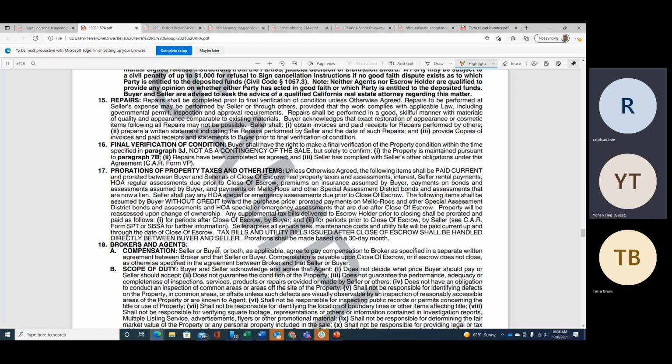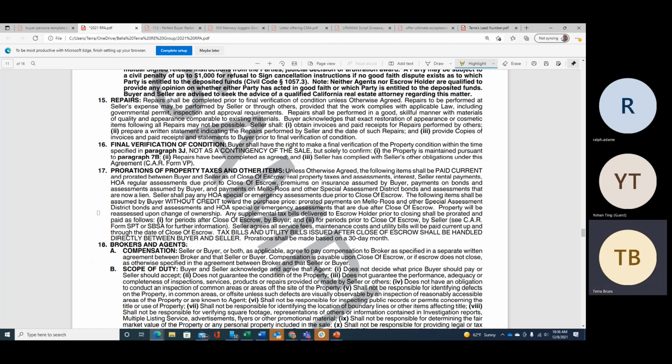CCAR Form SPT or SBSA for further information. Seller agrees all service fees, maintenance costs, and utility bills will be paid current up and through the date of close of escrow. Tax bills and utility bills issued after close of escrow shall be handled directly between buyer and seller. Proration shall be made based on a 30-day month.